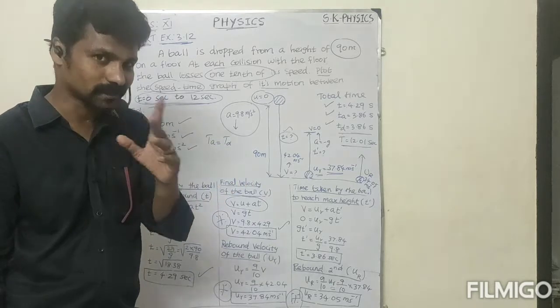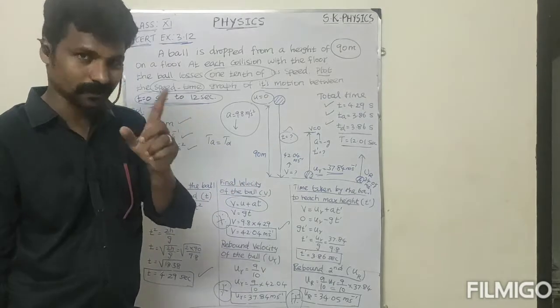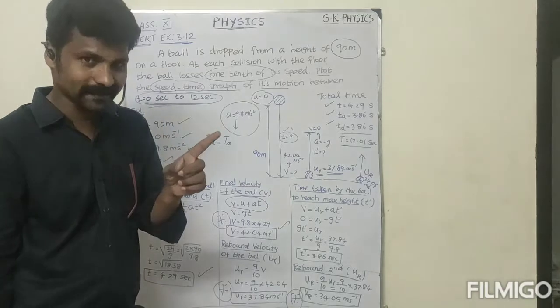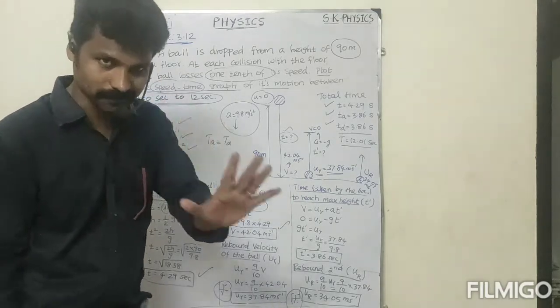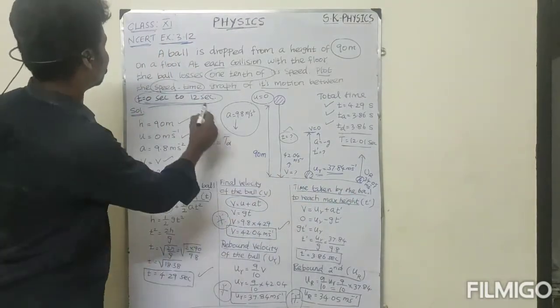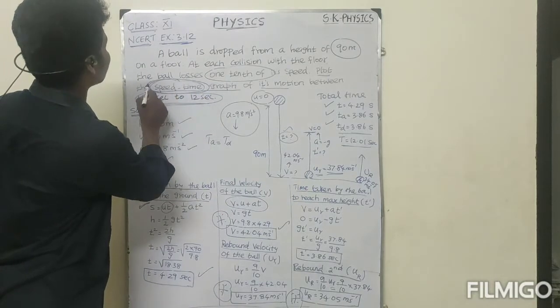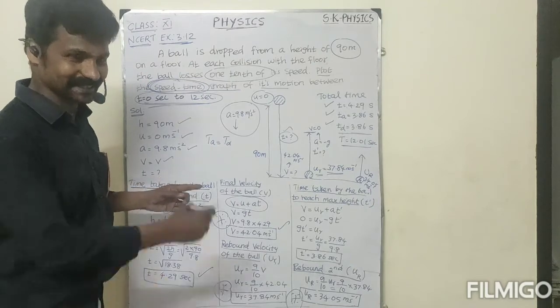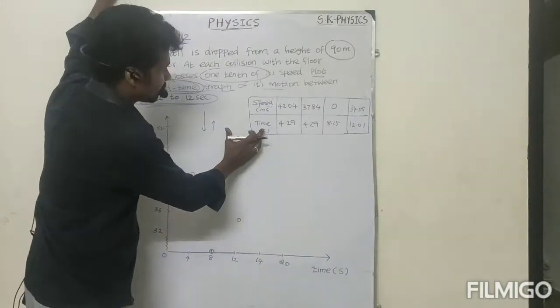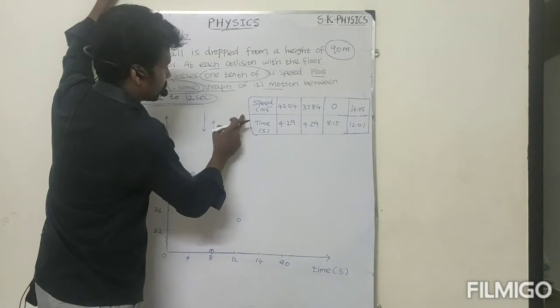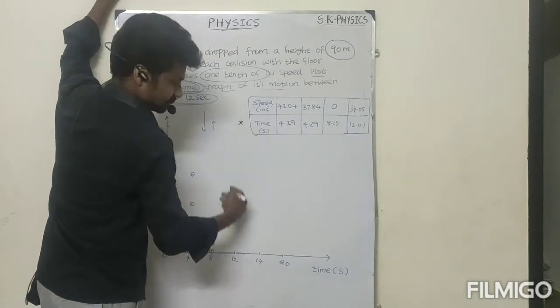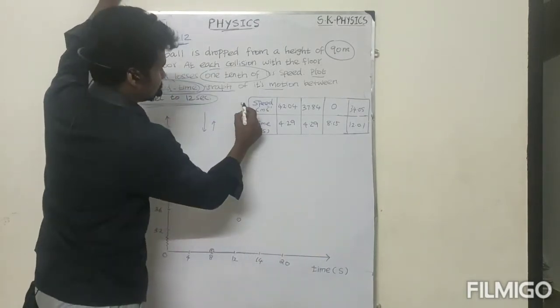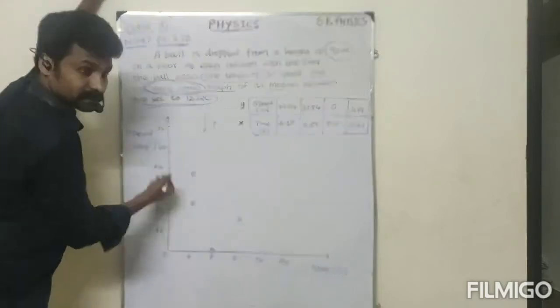Okay, now you have the speed values, now you know the time period. So it is possible to find the speed-time graph. Shall we draw that? Okay, wait. Now see the graphical diagram. In the x-axis let's take time, in the y-axis I'll take speed.